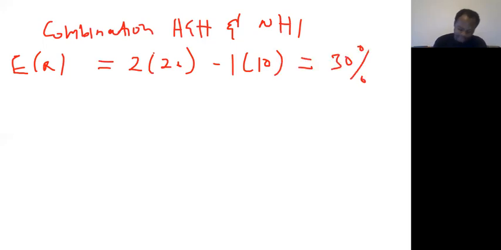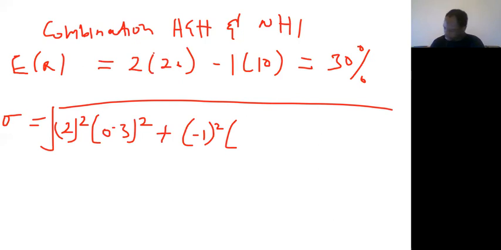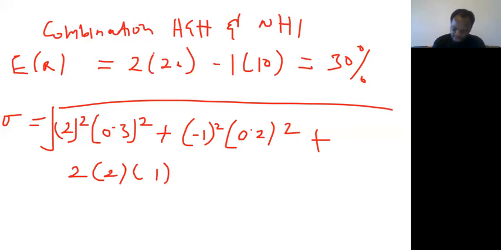And when we're looking for the volatility, it is the root of the weight of the first part, which is 2 squared, multiplied by its volatility, which is 0.3 squared, plus the weight of the second part, which is 1 squared, multiplied by its volatility, which is 0.2 squared, plus 2 times the covariance, which in this case is 2 multiplied by the weights 2 and minus 1, multiplied by the correlation, in this case negative 0.5, multiplied by the volatilities 0.3 and then 0.2 for the second.